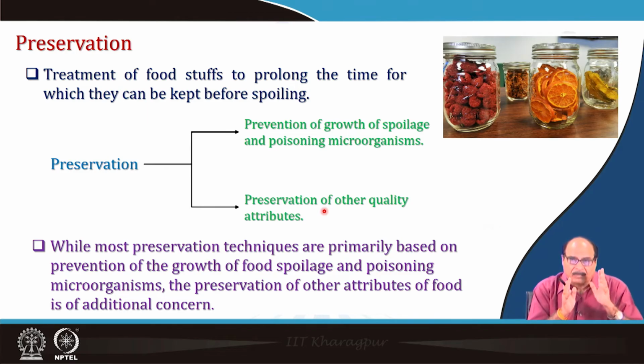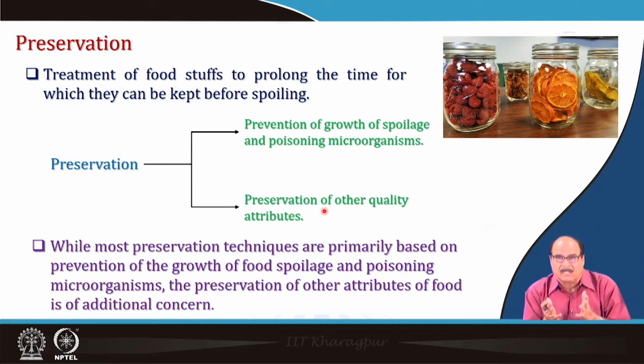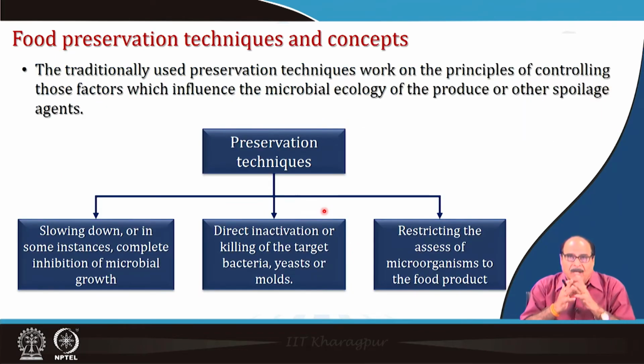Otherwise, by having a more severe process you can extend the shelf life, but if its quality is deteriorated, it is of no use. So, as I told you earlier in that graph, one has to make a proper compromise so that quality and safety are properly maintained.